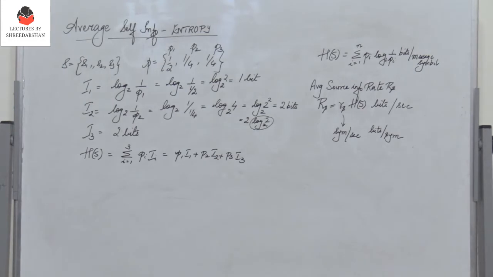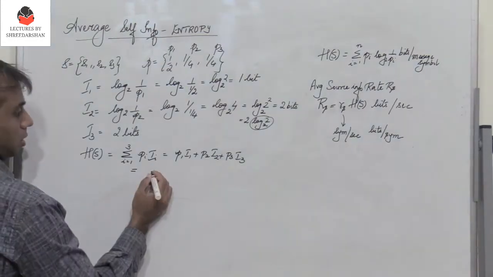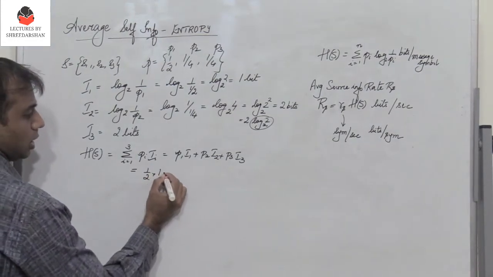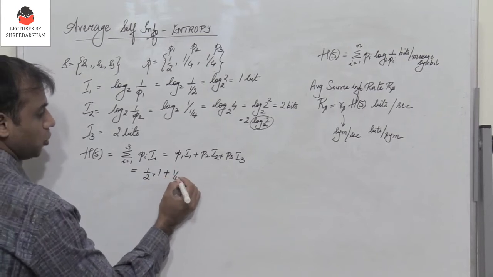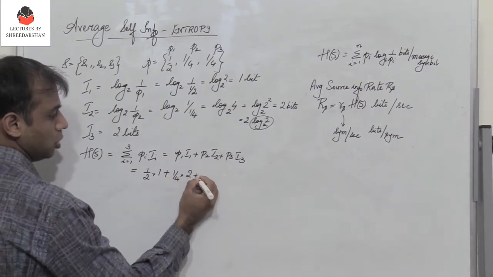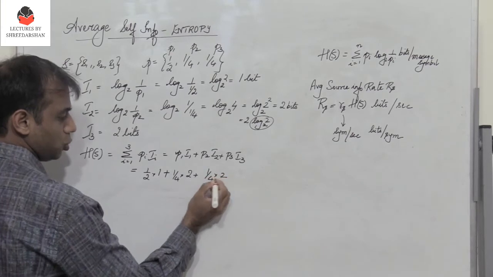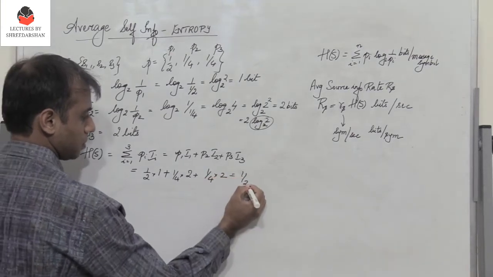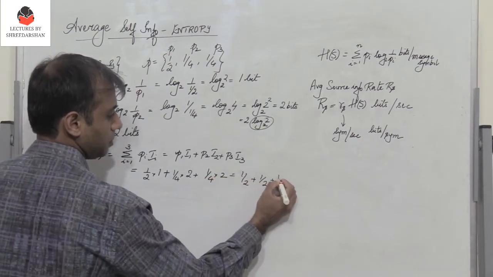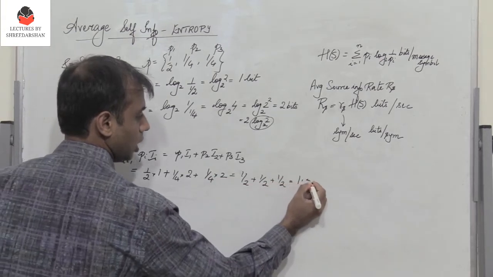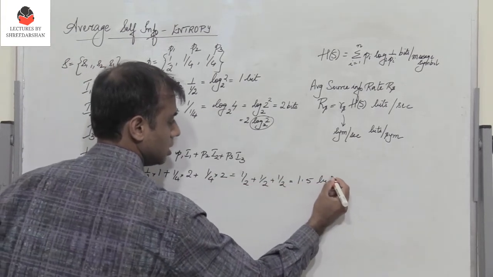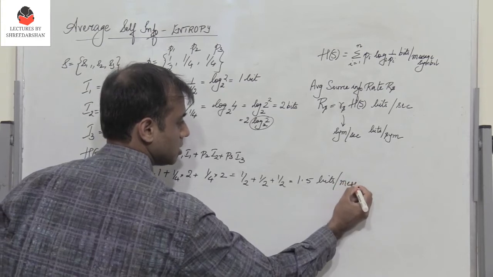Therefore I get p1 is half into 1 plus p2 is 1 by 4 into I2 which is 2 plus 1 by 4 into 2. So I get half plus 1 by 2 plus 1 by 2, which is 1.5 bits per message symbol.